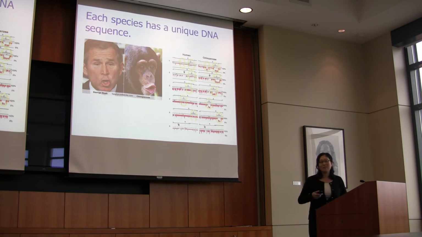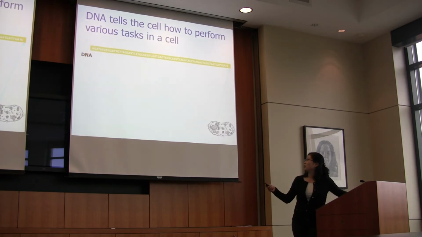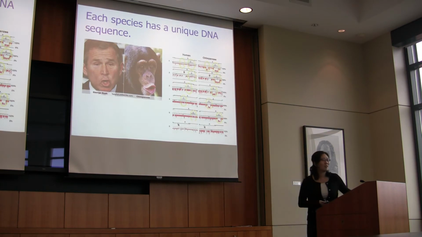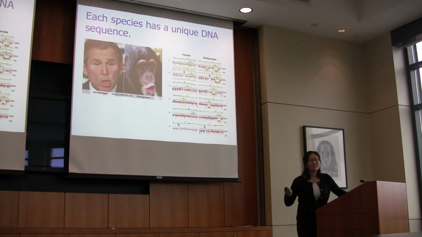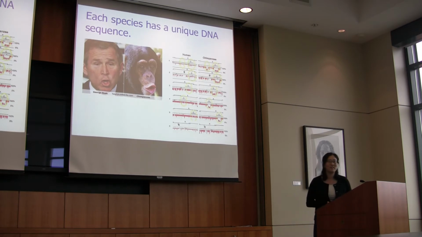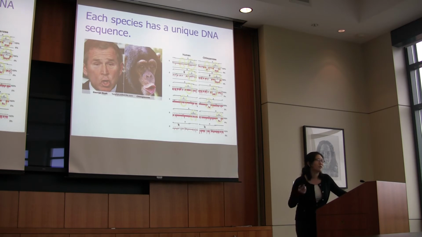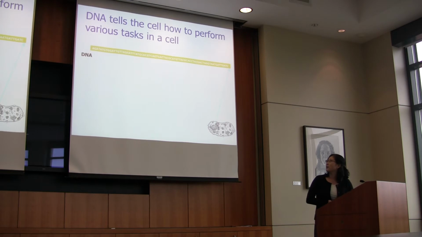Similar, close species, human and chimp, have surprisingly similar DNA sequences. Distant species, like human and yeast, are still similar, but have a very different set of DNA sequences. Understanding which parts are similar and which parts are different is one of the most important questions in biology.